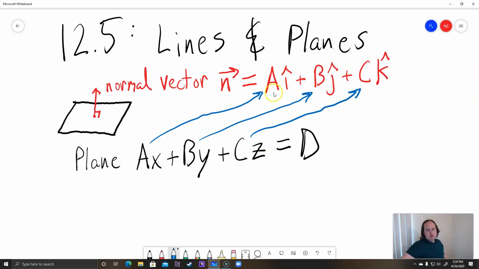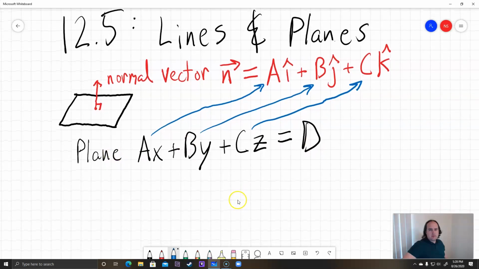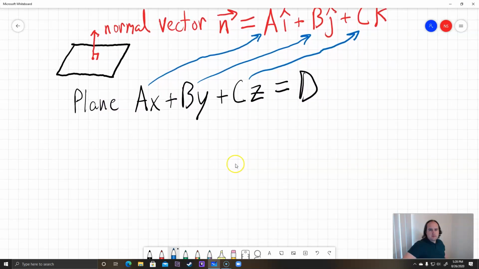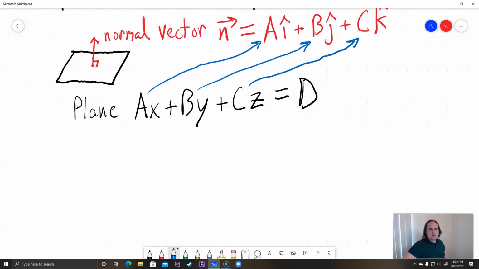So that means your normal vector actually has exactly the same numbers as these letters here, capital A, capital B, and capital C, for your plane. Alright? So I wanted to do an example of using this. Once you know this stuff, though, the problem involving planes in your homework is not too bad. Okay, so let's see an example.